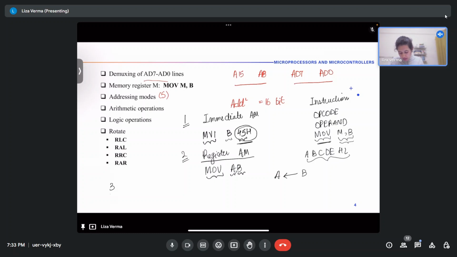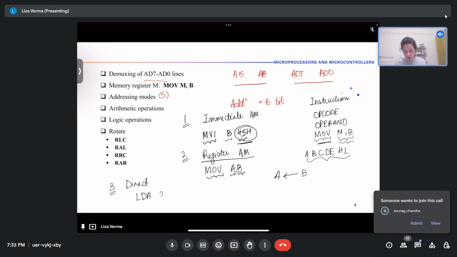The next kind of addressing mode is the direct addressing mode. In direct addressing mode, the data that is to be operated on is stored at the address given as the operand in the instruction. For example, LDA 2050H.